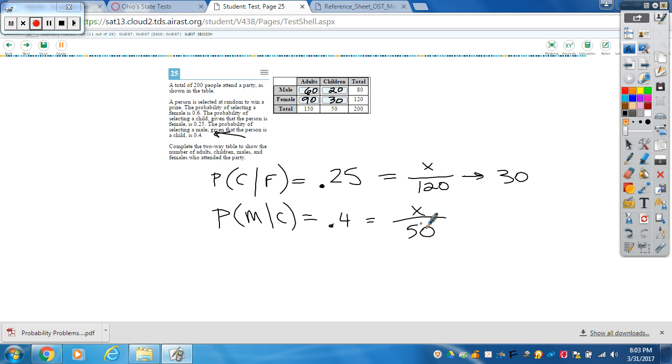And so to figure out what x is going to be, if you multiply 50 times 0.4, you're going to get 20. And that's what we see right there. What's the probability of a person being a male if they're a child? Okay. So 0.4, 20 out of 50. Okay. All right. Let's keep moving.